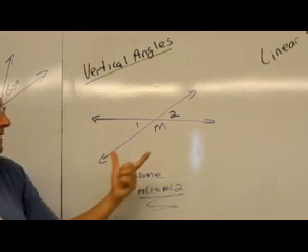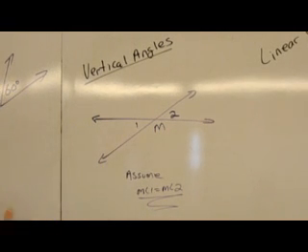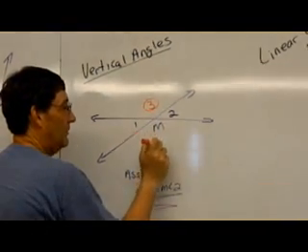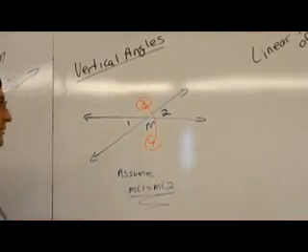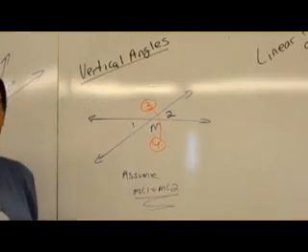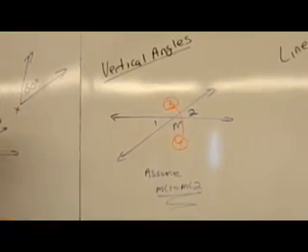We'll prove this later on, that angle 1 is indeed congruent to angle 2. Anybody see any other angles in the picture that might be congruent to each other? Yeah, absolutely. Angle 3 and angle 4 are also vertical angles, two angles across the vertex from each other. So I've got two acute angles here and two obtuse angles here that are congruent to each other.